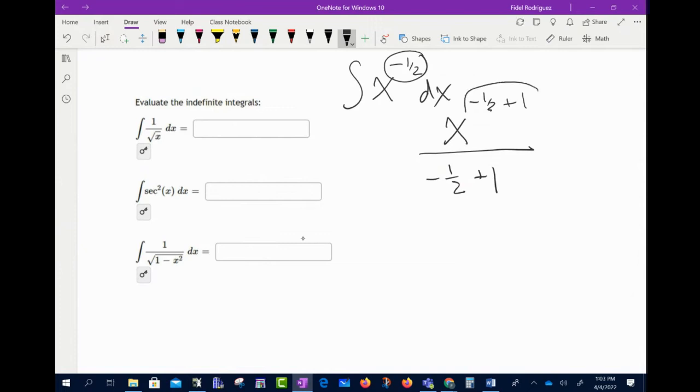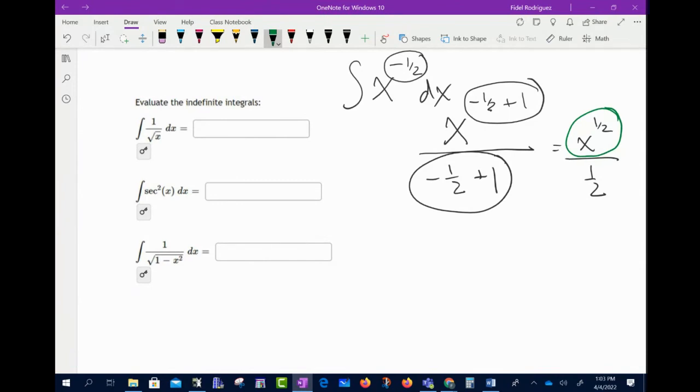Question, anybody know what is negative 1/2 plus 1? 1/2, very good. Okay, and negative 1/2 plus 1 again is still 1/2. Okay, next question. How can I write the power of 1/2? What is the power of 1/2?